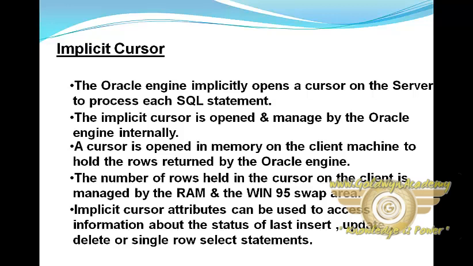The number of rows held in the cursor on the client is managed by the RAM or the Windows 95 swap area. Implicit cursor attributes can be used to access information about the status of the last insert, update, delete or single row select statements. An implicit cursor is opened implicitly by the Oracle engine when the insert, update, delete operations take place.